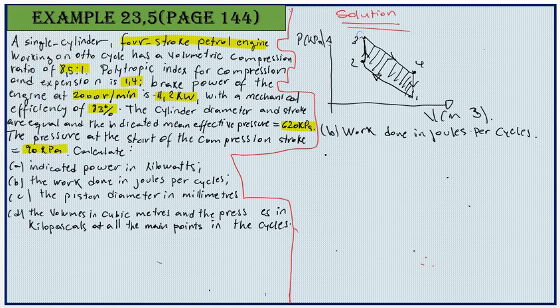The formula to use is IP equals PLANE over 60. From this relation, we can see there is a possibility to figure out what the work done is.